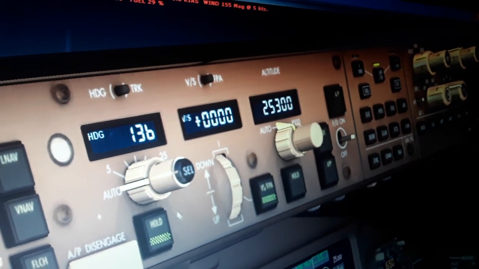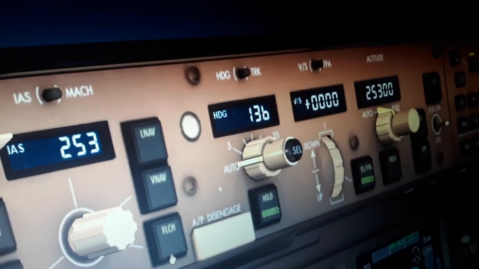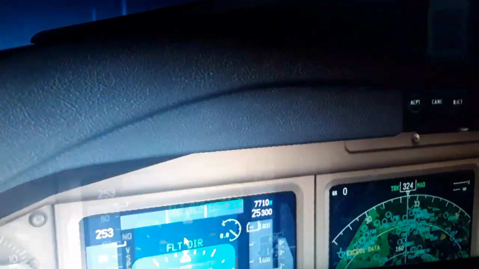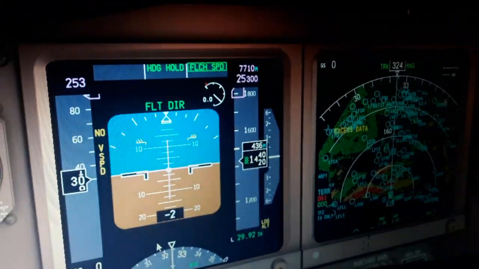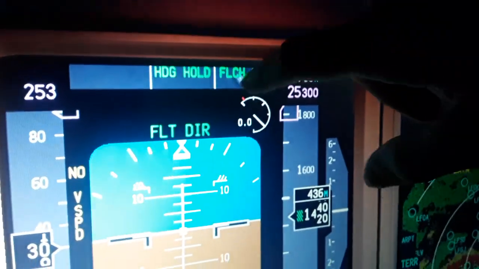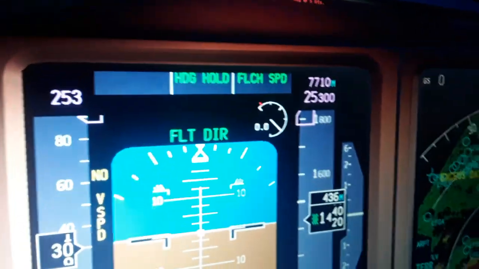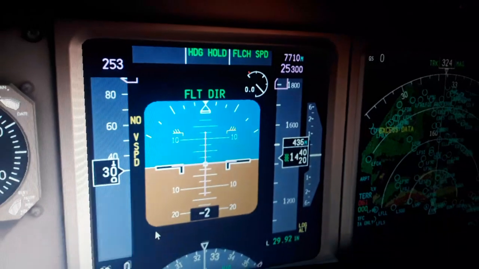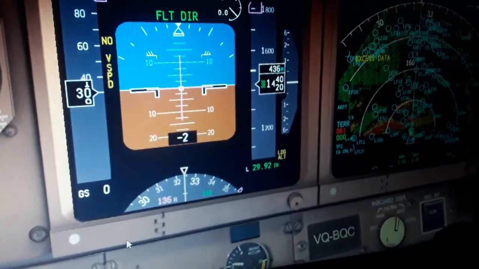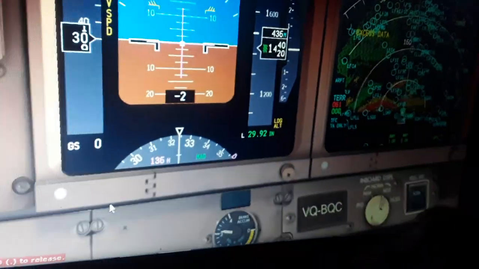Here we have the vertical speed, so we can overlap one mode or the other at a time. You cannot use all the modes simultaneously, because each mode is many times overlapping one another. So we have the flight level change or heading here, so you can see some different marks now for the pitch attitude, and we have 136 degrees here also, heading.